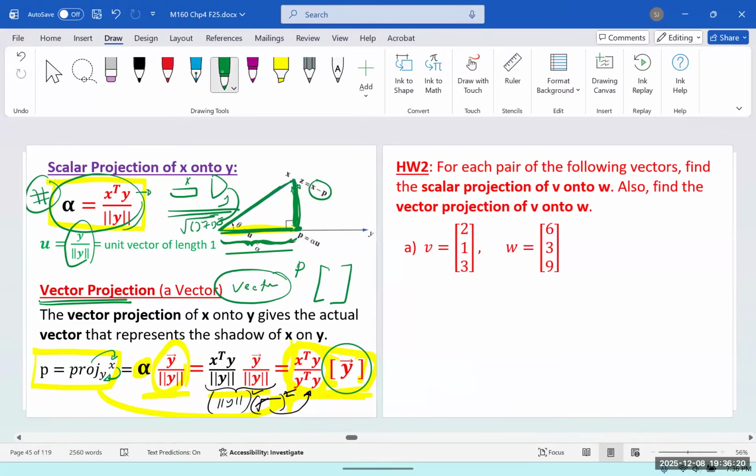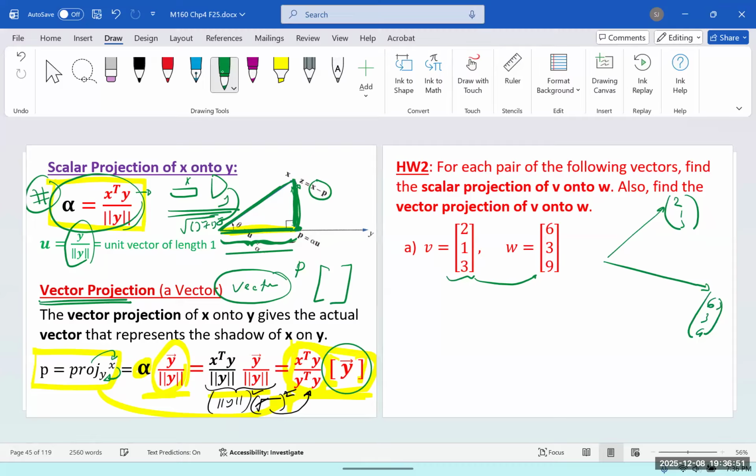For example, let's say we have two vectors. One is 2, 1, 3 and the other vector is 6, 3, 9. We want to know the scalar projection of the first vector onto the second vector.